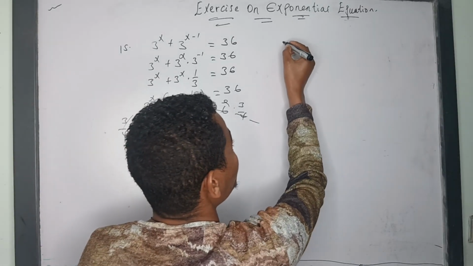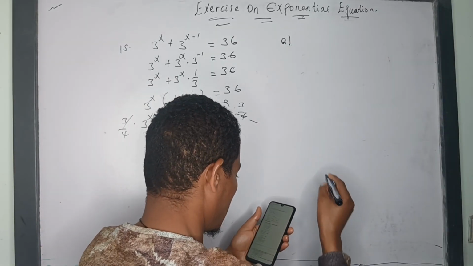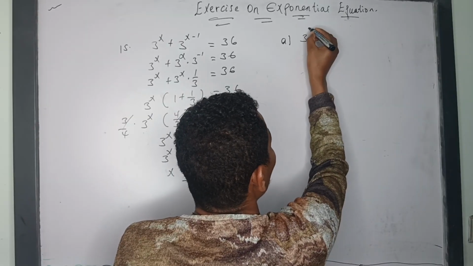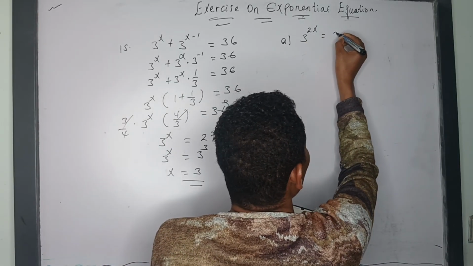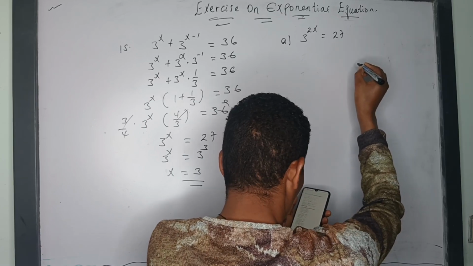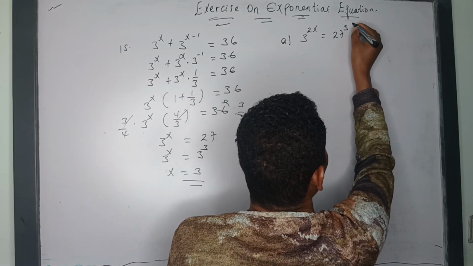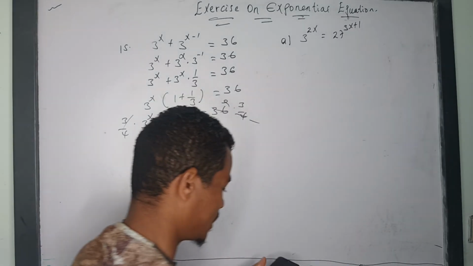Okay, so A: 3 to the power of 2x is equal to 27 the power of 3x plus 1.